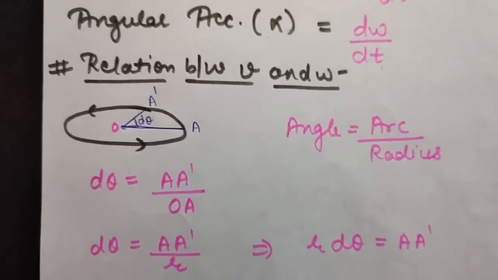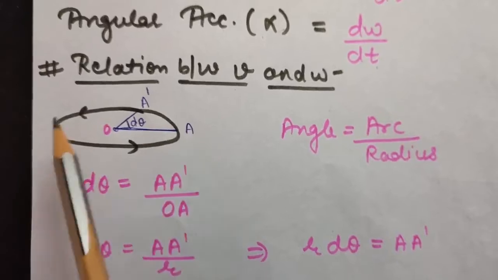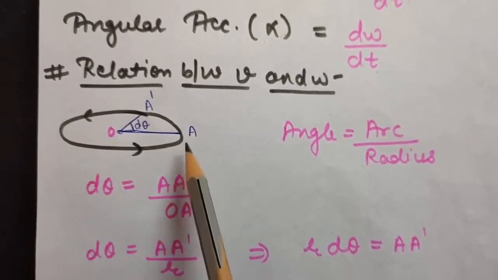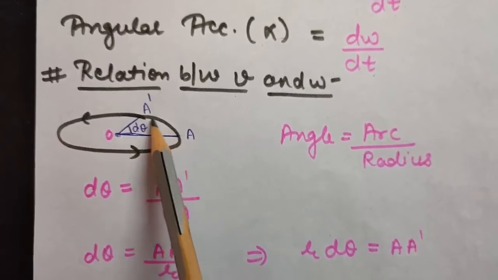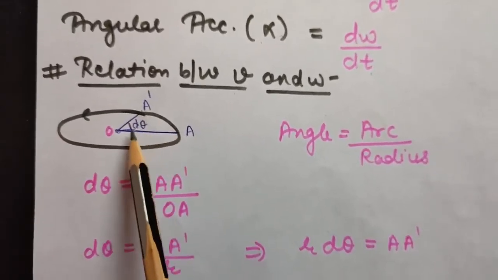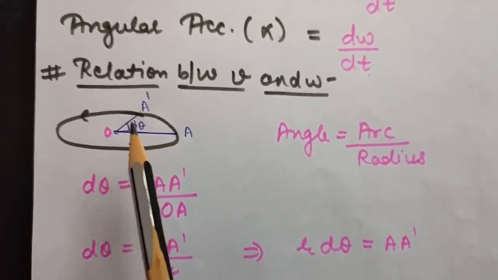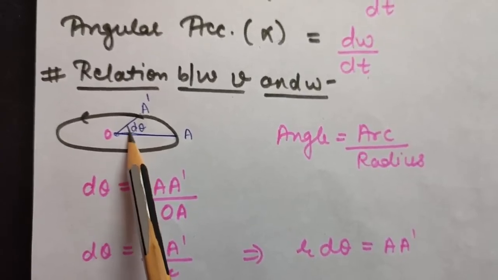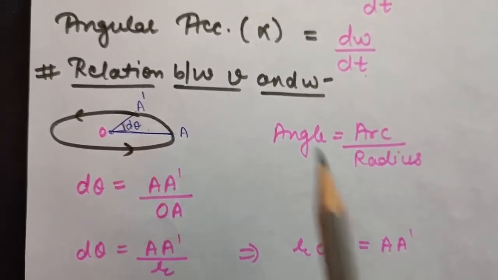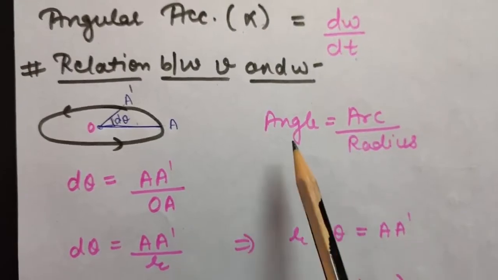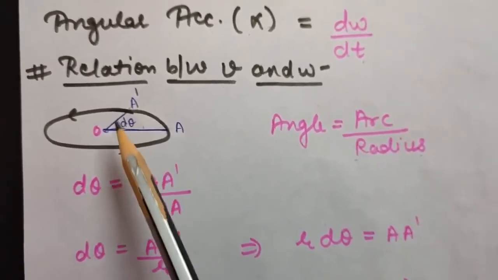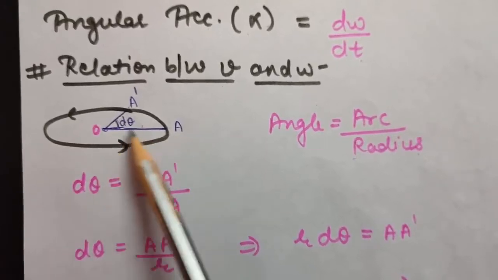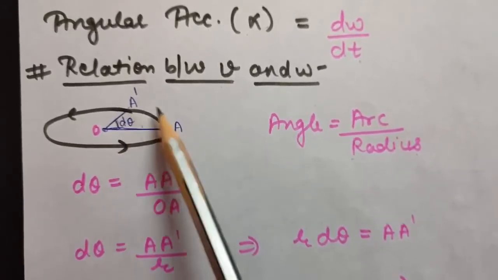Okay. So let us suppose a particle is undergoing a rotation like this. If initially it was here, then after some time it will come here. Let us say the angular displacement undergone by the particle is d theta. There is a formula: angle is equal to arc upon radius, where d theta is the angle, OA is your radius, and AA dash is your arc.